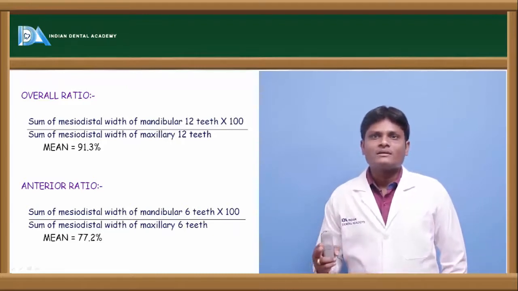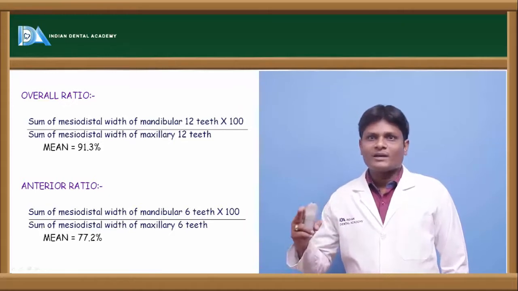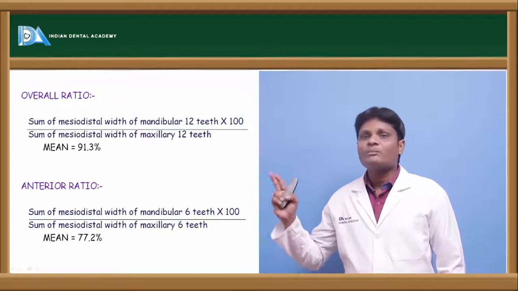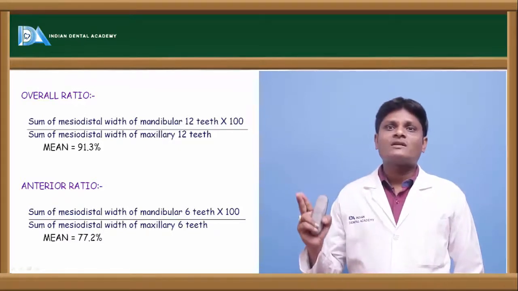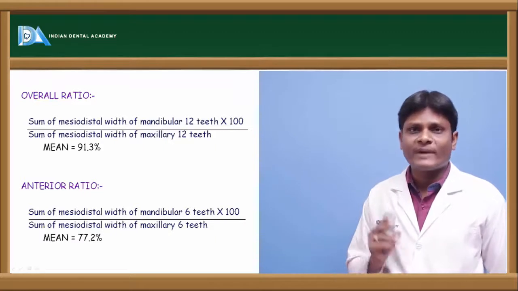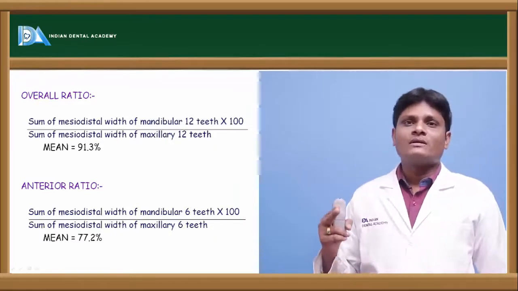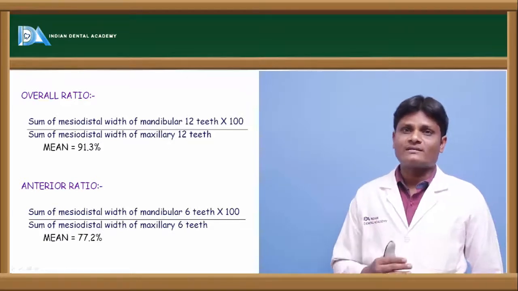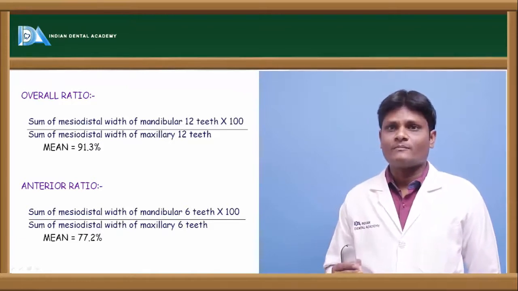Overall ratio is the ratio of the mandibular 12 permanent teeth to the maxillary 12 permanent teeth. It should be 91.3%, which indicates a good proportionate relationship between maxillary and mandibular arch. Whereas anterior ratio is the ratio between mandibular 6 anteriors to the maxillary 6 anteriors, and it should be 77.2%.